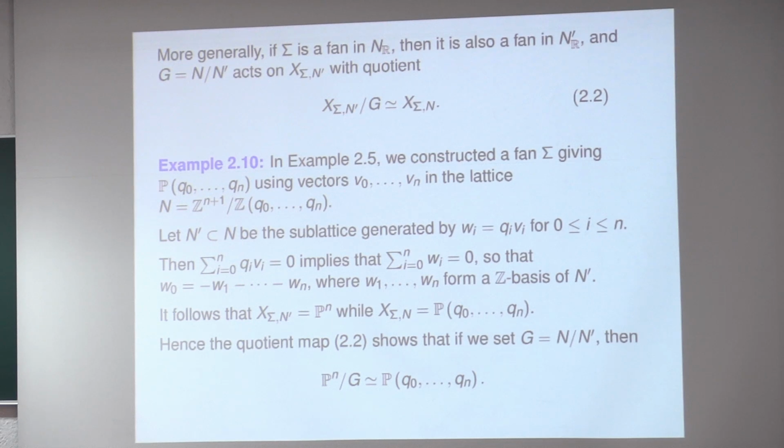We have talked about weighted projective space. We said that we fix some weights that are integers and relatively prime. And over there, V0 to Vn were the images of the canonical vectors in this quotient. So inside this lattice N, we said we have this relation: Q0 V0 plus Q1 V1 plus ... plus Qn Vn is 0.